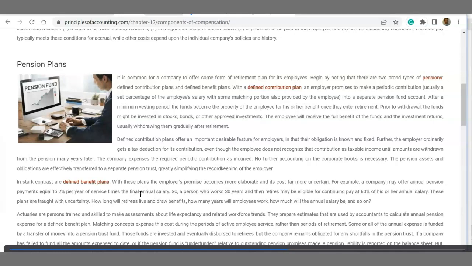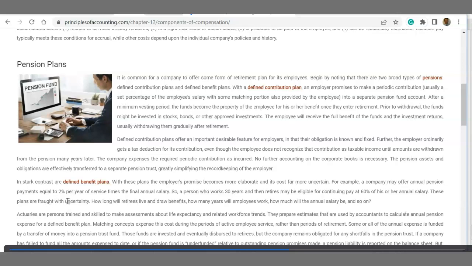So that's 100,000 times 2% per year of service, and that's 30 years of work. So 30 years times 2%, that's 60%, and 60% of 100,000 is $60,000 retirement on an annual basis.